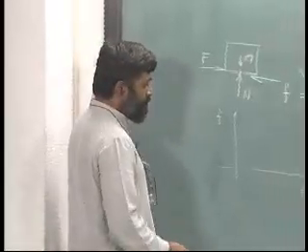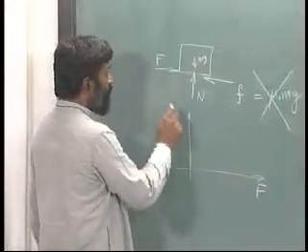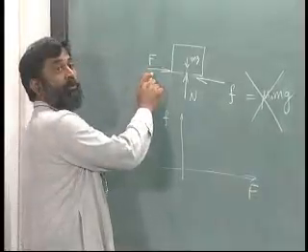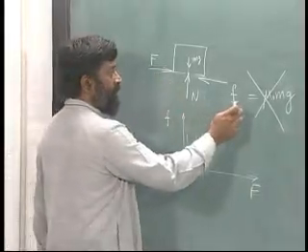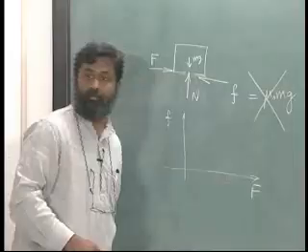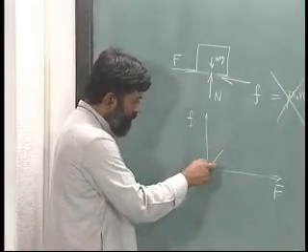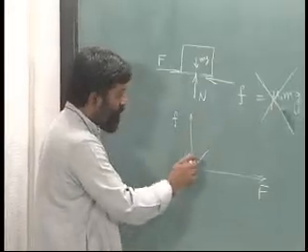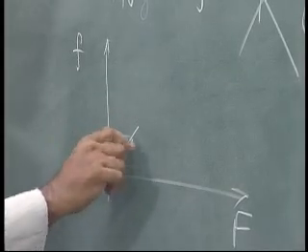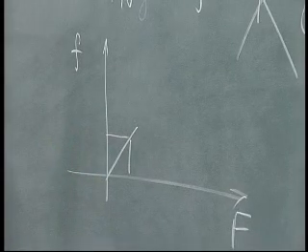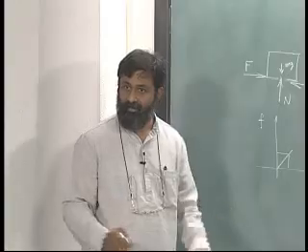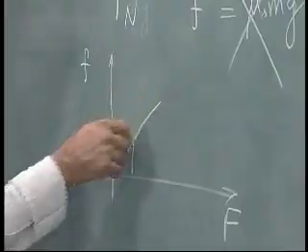What will be the force here? Supposing I apply let us say 5 kilonewton over here, less than mu times mg. What will happen is there is a 45-degree line, which means that the small f is equal to capital F in magnitude.